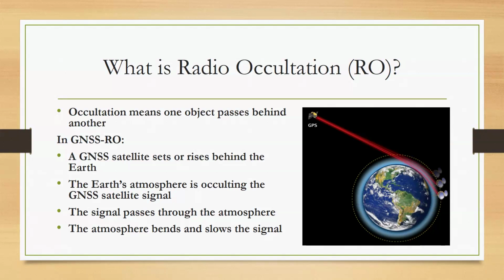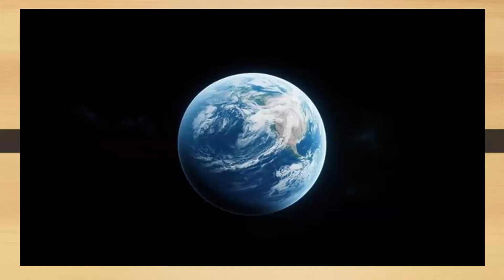So the atmosphere is now the one occulting the GNSS signal. I will explain the procedure in better detail shortly. It passes through the atmosphere down to another satellite in the low Earth orbit.